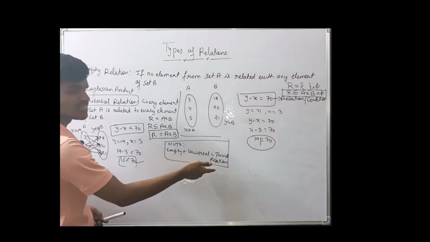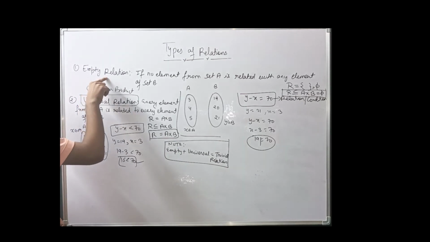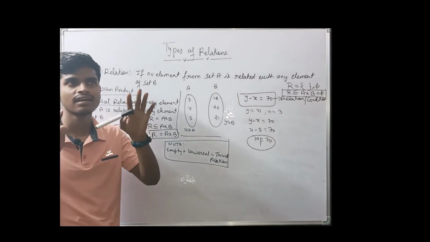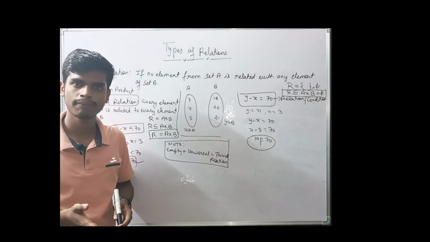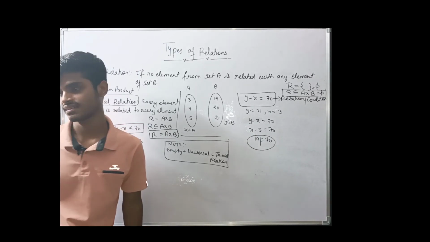It's not a big deal to remember this, but the big question here is, can a relation be empty and universal at the same time? Can a relation have no element and have all elements at the same time? Is it possible? Think on that. It's up to you.